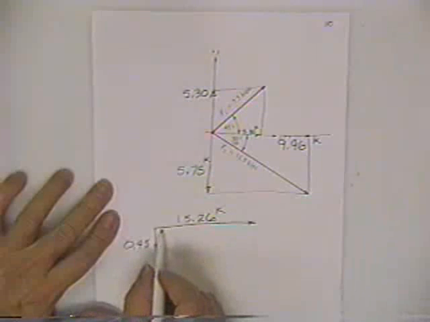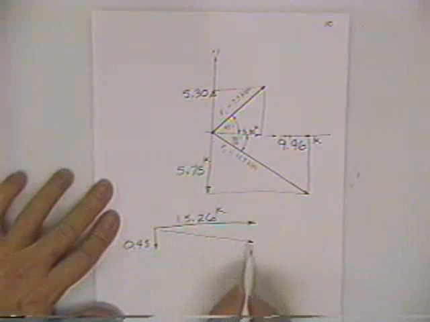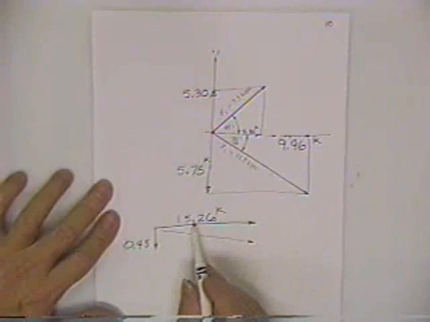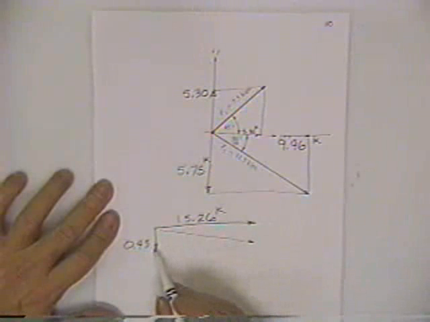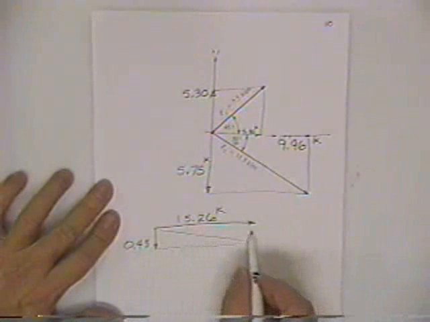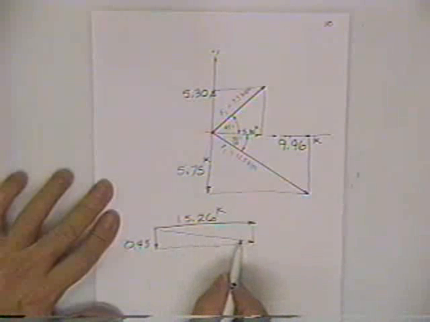And there is some force that I could draw which would personally have this much horizontal component, 15.26, and this much vertical component, 0.45. I could easily get that by just drawing that same little box around this unknown force.